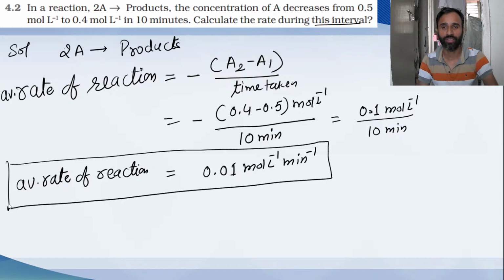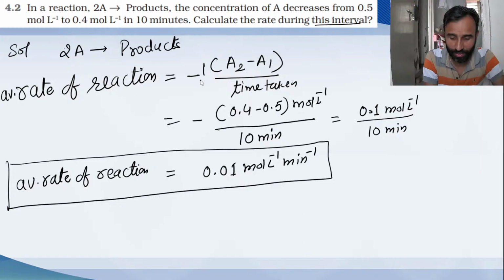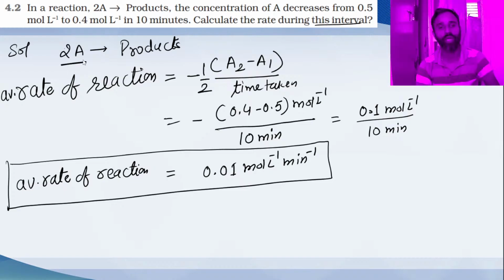Now in seconds. Okay, it is 2A to products. It is 1 by 2 then, because it is 2A to give products.